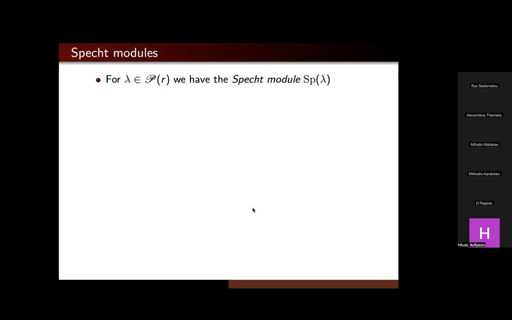So if I take a partition, I can always associate to it the Specht module. The Specht module, as I said, is an irreducible representation of the symmetric group in characteristic 0. It lives also in characteristic P, where it has the same basis; however, it has a different structure, and it is not irreducible in general anymore.